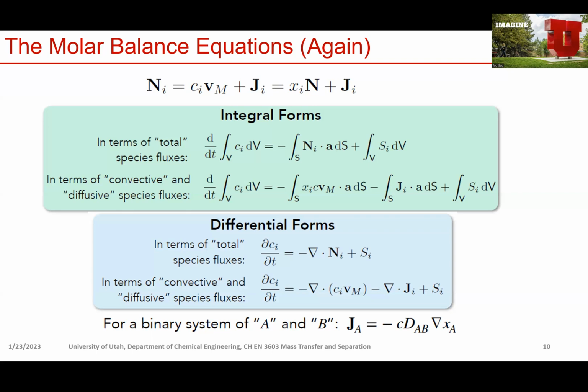convective or advective flux. But there's also another component of the total flux, which is not due to the bulk motion of the fluid. Even if you don't have bulk motion of the fluid, there could still be a molar flux, and that is due to not having a homogeneous mixture.